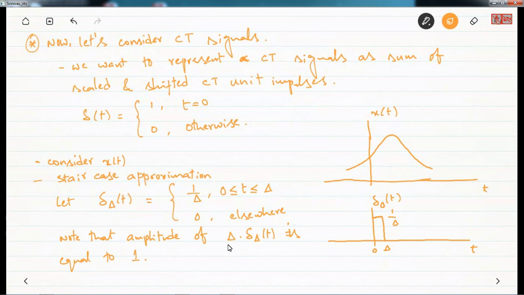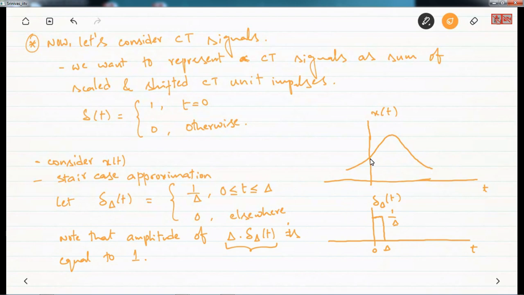So if I consider the signal delta multiplied by delta suffix capital delta of t, its amplitude is equivalent to 1. Now let's consider representing this x of t in terms of these narrow rectangular pulses, and if we do that, we will get a staircase approximation. So how do we do that?